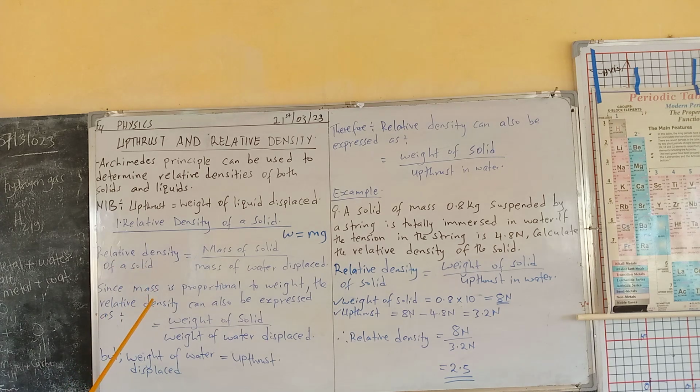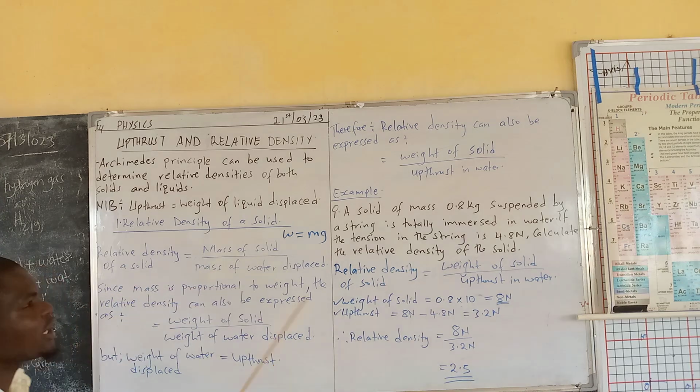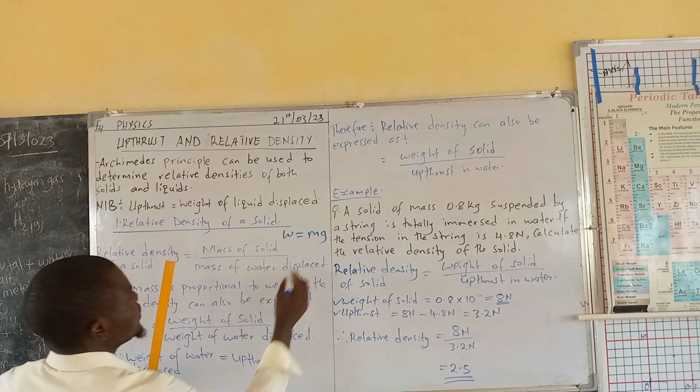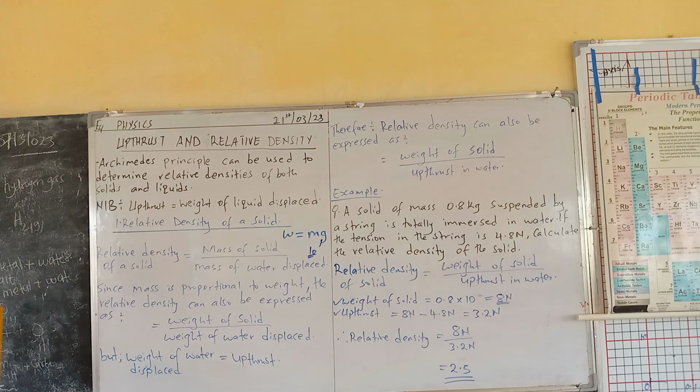Since we have mass, we can also use this formula and find the weight. We have the mass of the solid and the mass of the water displaced. By using this formula, we've said that gravity is constant and its value is 10.